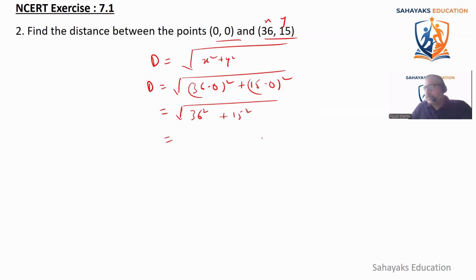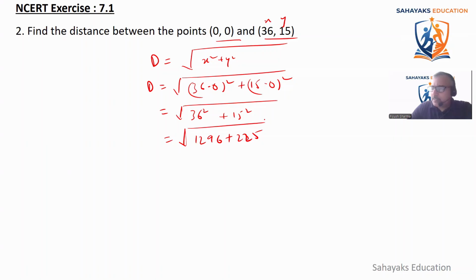So what is 36 square? I don't know, I have to just find out. Let me just compute it. We can take something common also, but let's find out. So it comes as 1296. 36 square is 1296 and 15 square is 225.